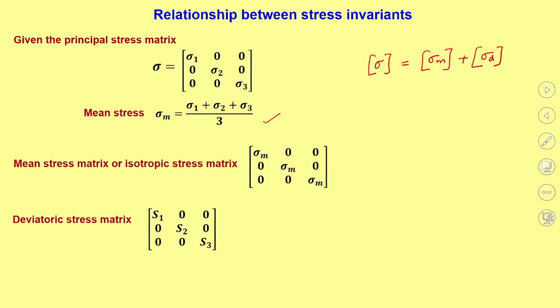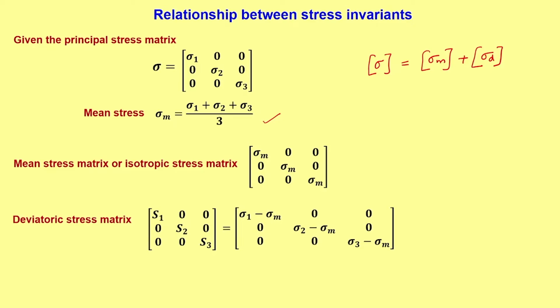So, one can always write the deviatoric stress matrix, which is given as S1, S2, S3 is equal to sigma 1, sigma 2, sigma 3 minus sigma m. That will give you sigma 1 minus sigma m 0 0, 0 sigma 2 minus sigma m 0, and 0 0 sigma 3 minus sigma m.